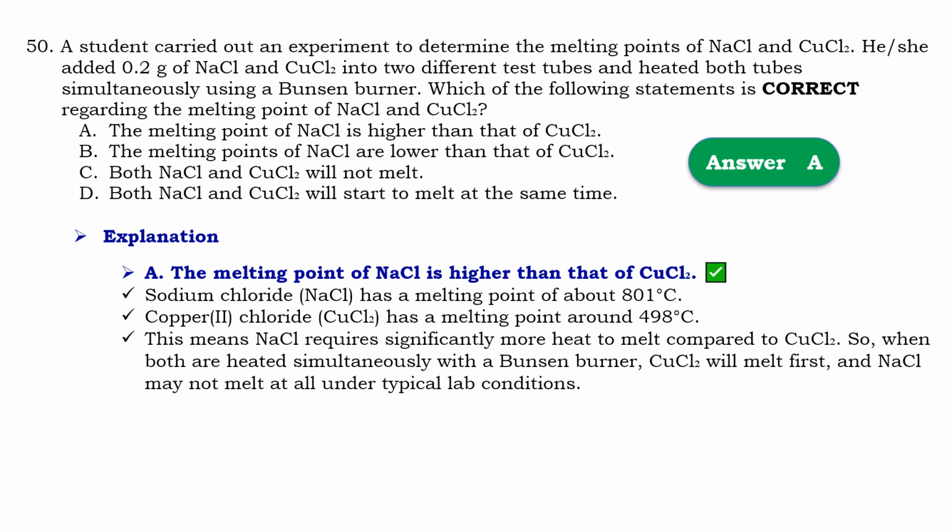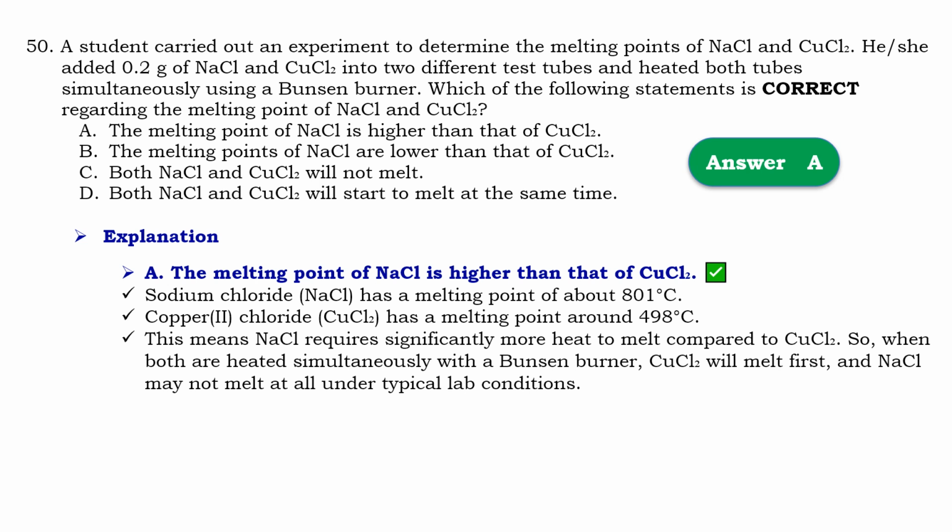So sodium chloride requires significantly more heat to melt compared to copper chloride. So if both are heated simultaneously with a Bunsen burner, copper chloride will melt first, and sodium chloride may not melt at all under typical lab conditions.